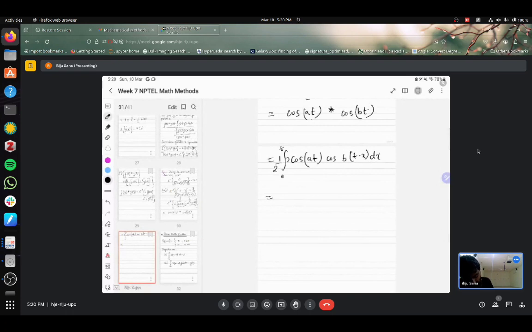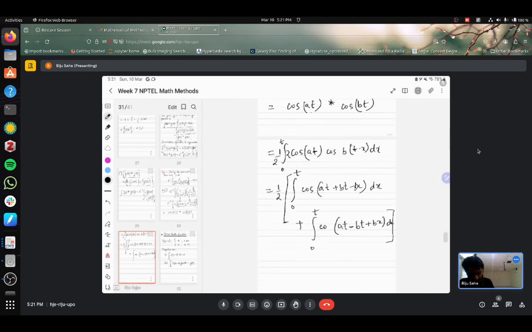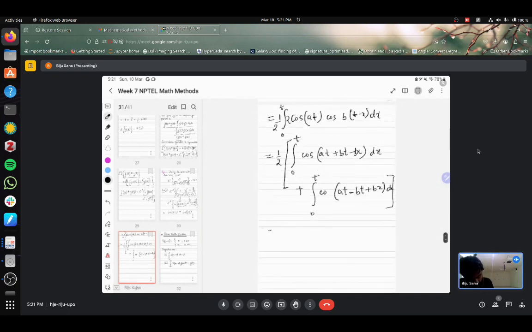So using the trigonometric property, I can easily write this as one term plus another. So now the integration is very trivial.